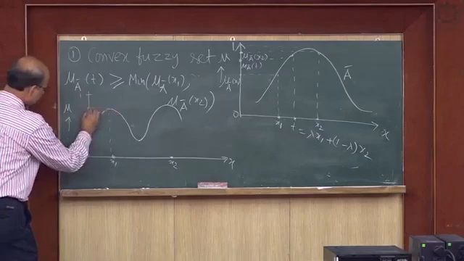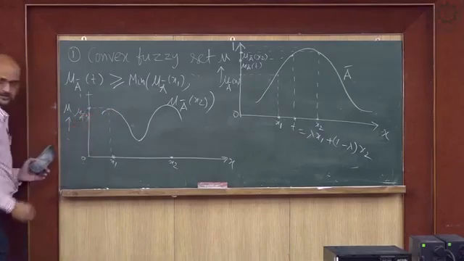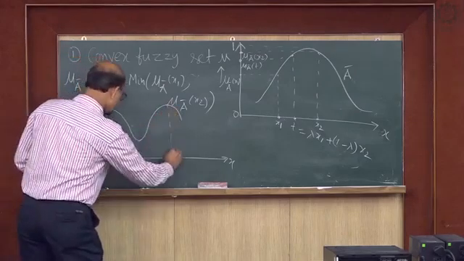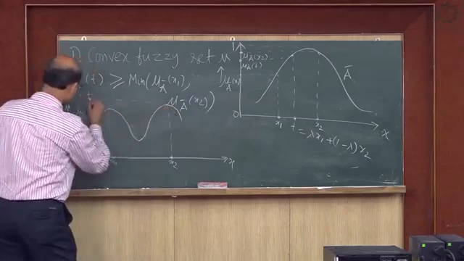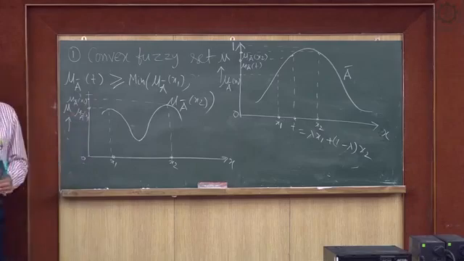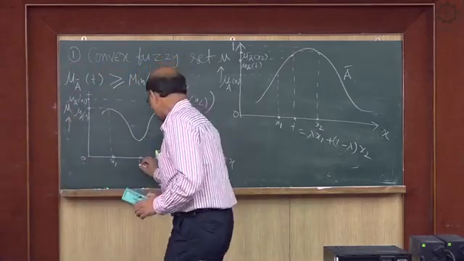This will be your mu A bar x1, and if I take x2, this will be your mu A bar x2.